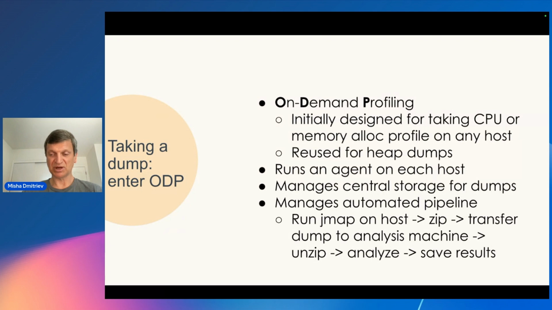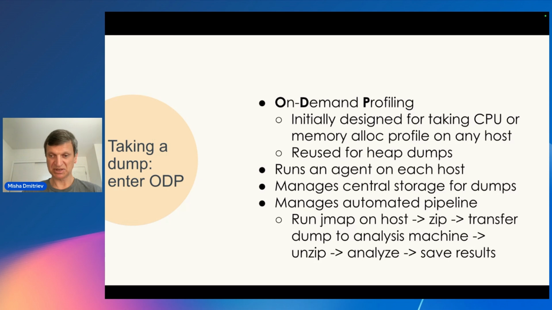Since it's not enough to just take heap dumps, but you also need to run a tool to process them, this on-demand profiling was augmented with an automated pipeline, which performs all these cumbersome operations automatically. It tells an agent to run JMap on the given host.